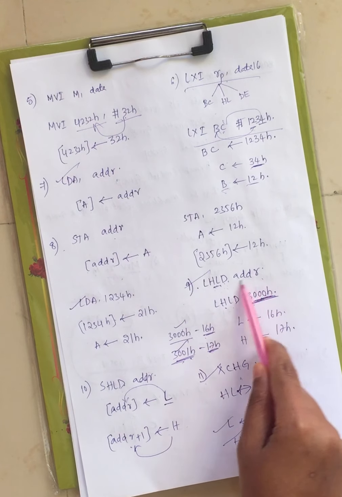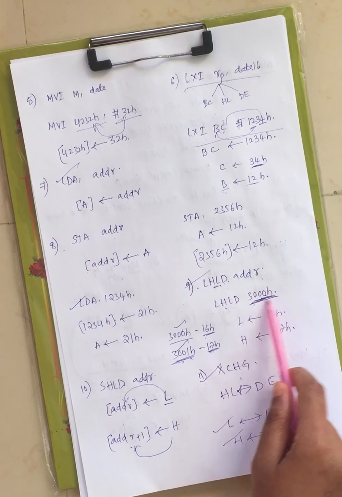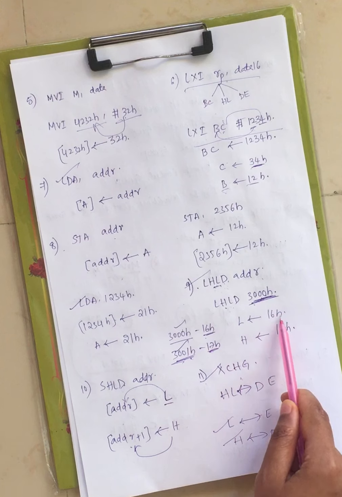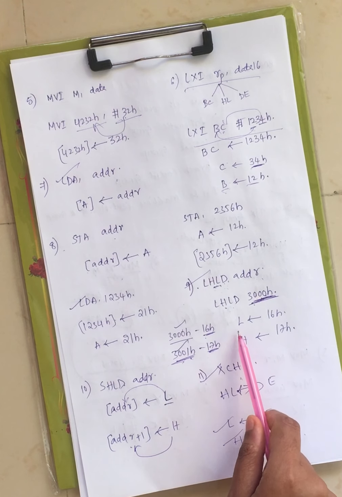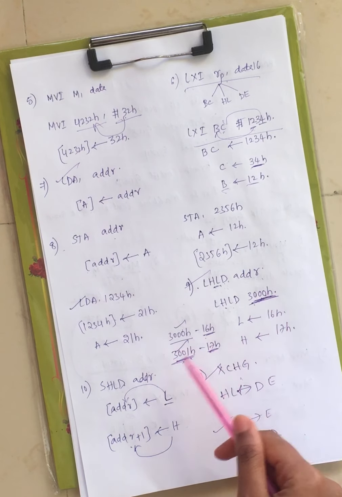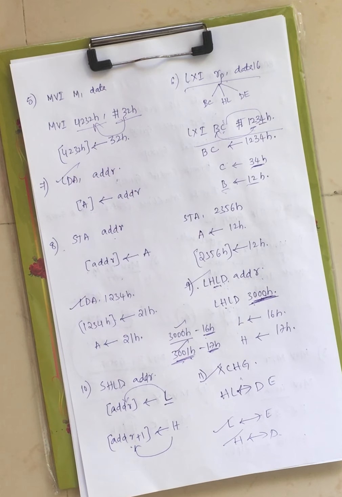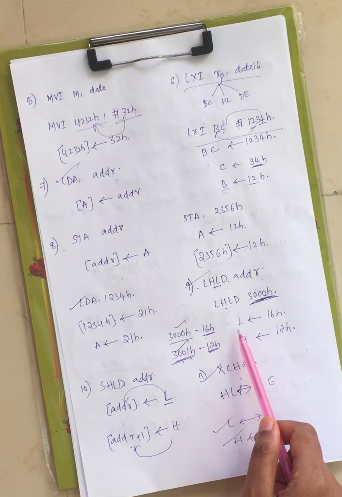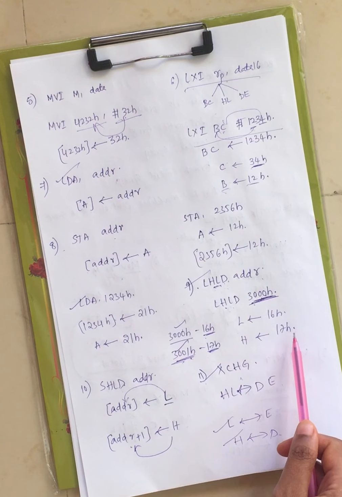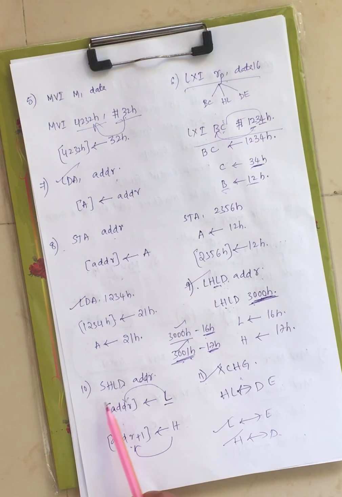Now the contents of the address that is specified within the instruction, that is 16H, are loaded to the L register, and the contents of the next memory location, that is 3001H, are loaded to the H register, right? You are loading the contents of the memory location given in the instruction to the L register, and the next memory location's contents to the H register, right? Now that is the 9th instruction. Coming to the 10th instruction, store HL, right?